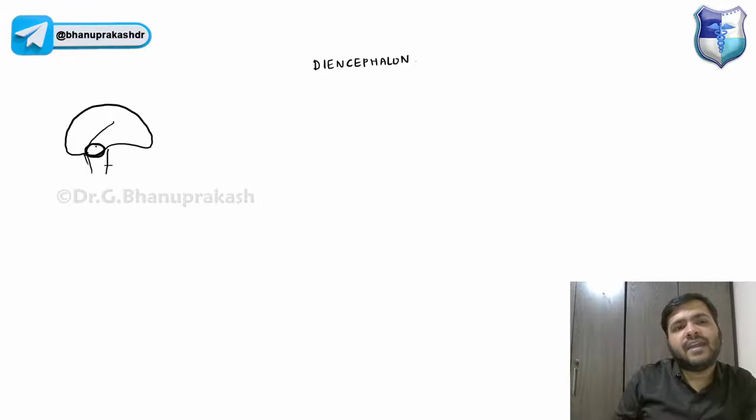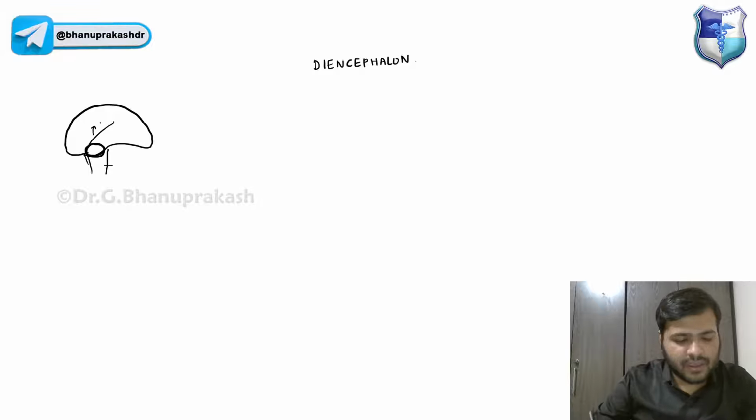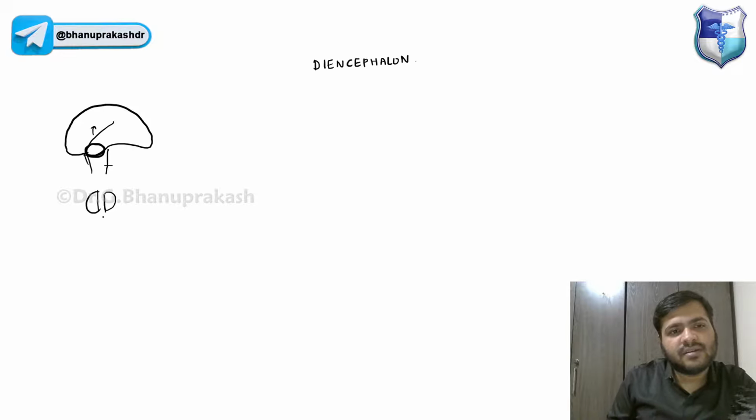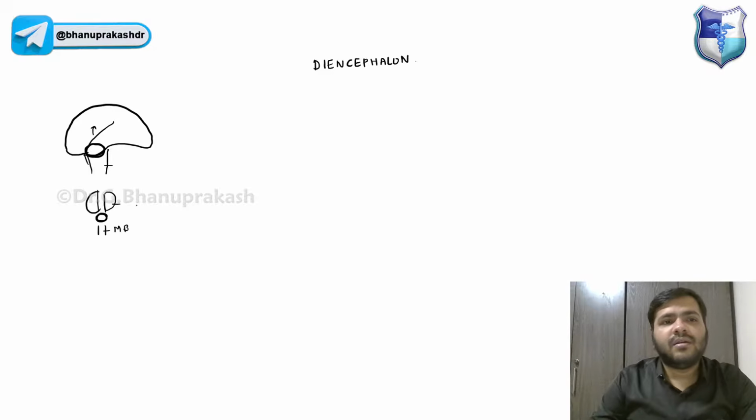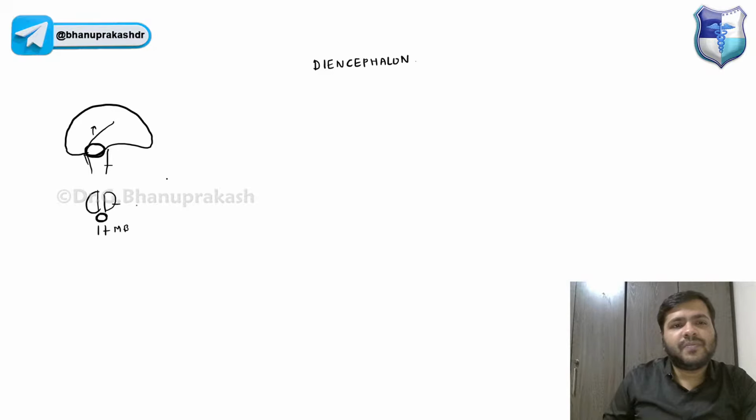Over here we have the diencephalon, and above, guys, you already know we have the two cerebral hemispheres, right? Then we have the diencephalon, and then we have the midbrain, right? That is something you guys already know.